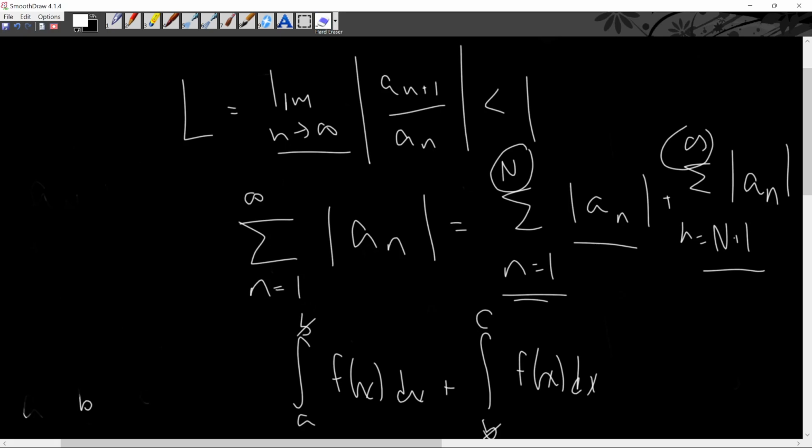So you can write this as the integral from a to c of f of x dx, right?